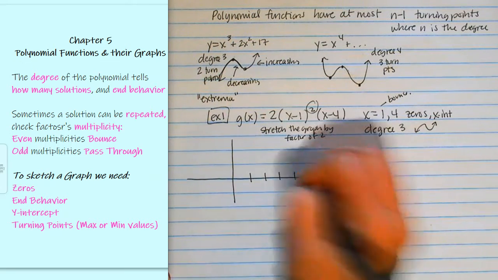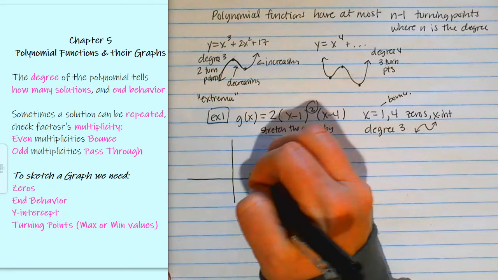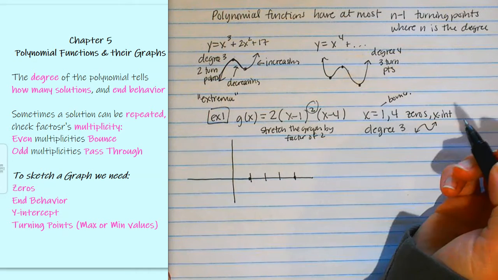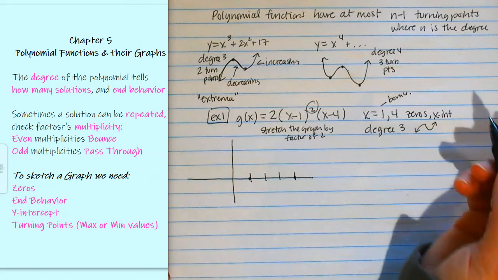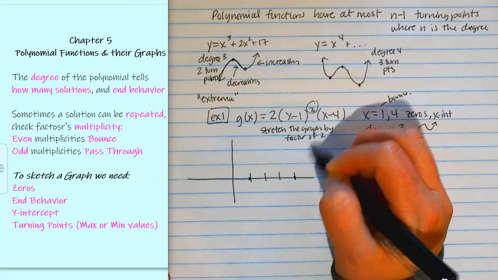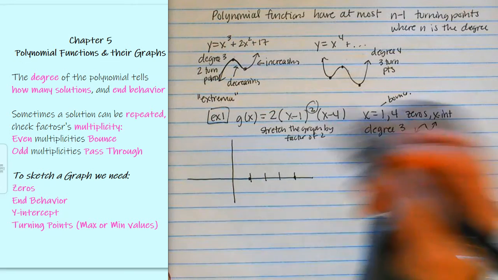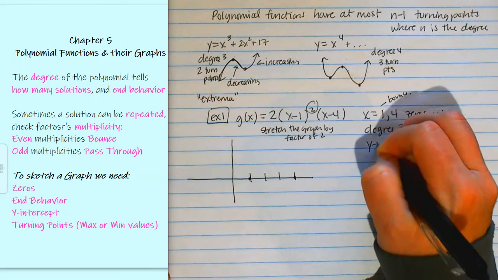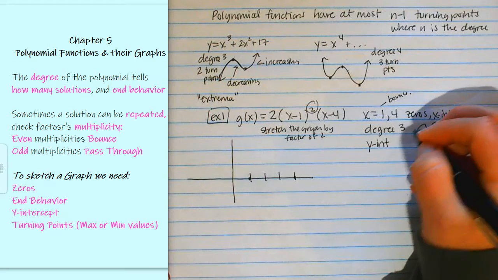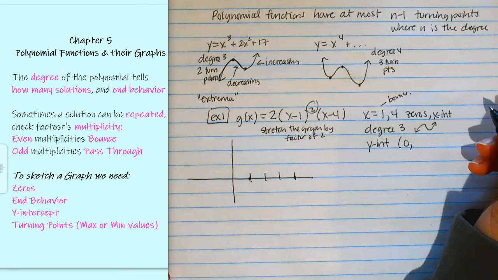1, 2, 3, 4. I have a zero at 1 and at 4. And I know that I could find some points to help me out. I know that my end behavior is going to be up and then down, but maybe I need some other values like the y-intercept. Y-intercept means that the x value is 0.